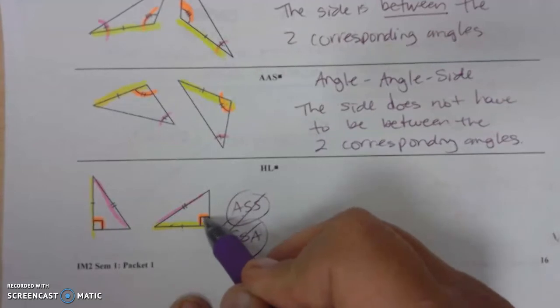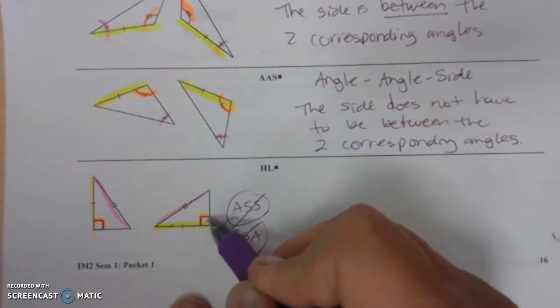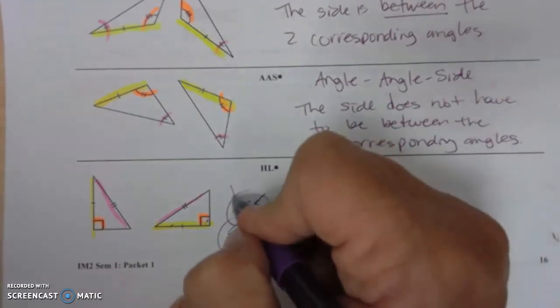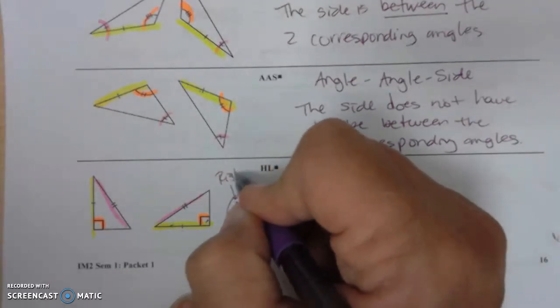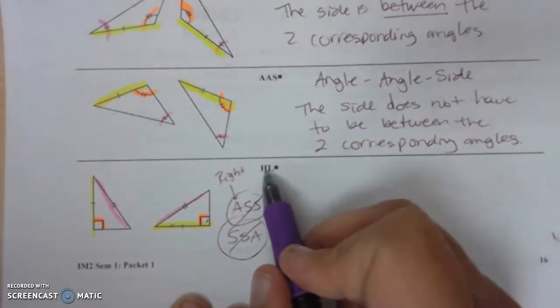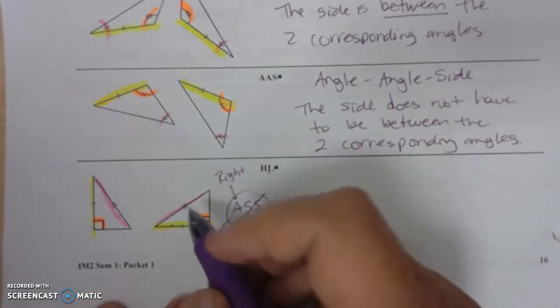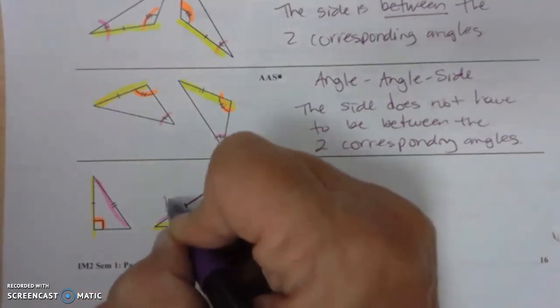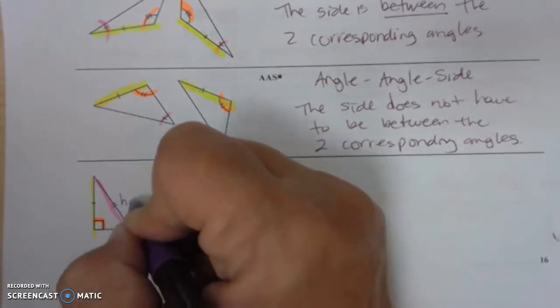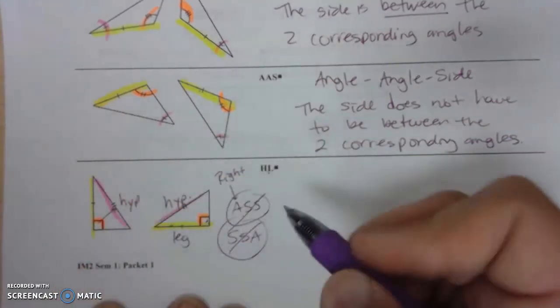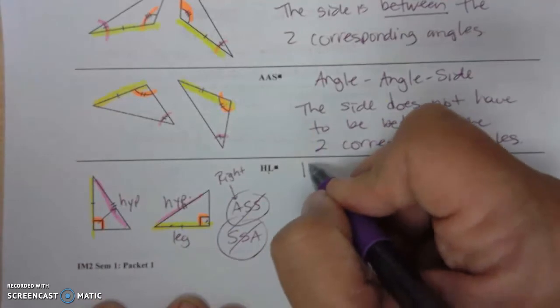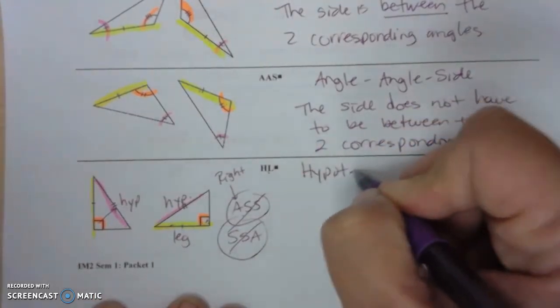However, the trick is, and you guys already know how to kind of trick getting bad words in, if this happens to be a right angle, if that angle is a right angle, then we can say hypotenuse leg. So for this one, in a right triangle, if you have a leg and the hypotenuse, see how I have the hypotenuse? It's across from the 90-degree angle. I can use the hypotenuse leg theorem.